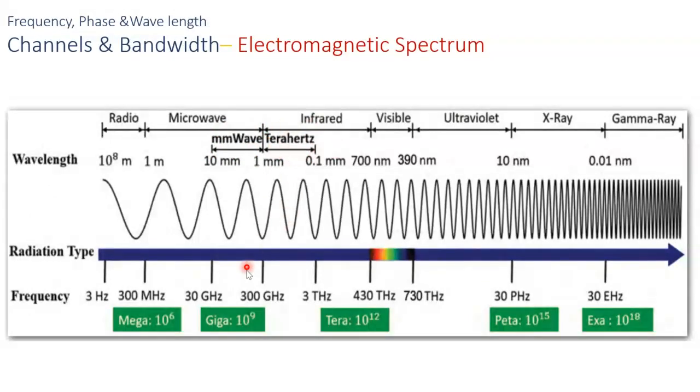And the terahertz, which is between 300 gigahertz and 3 terahertz, will be used in the 6G communication system. Then we have the visible light, ultraviolet, X-ray, and gamma ray.